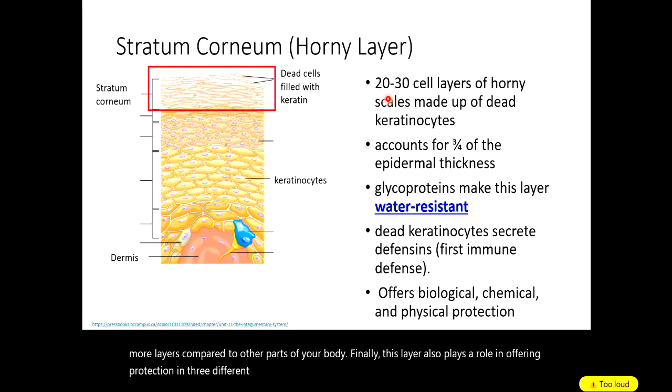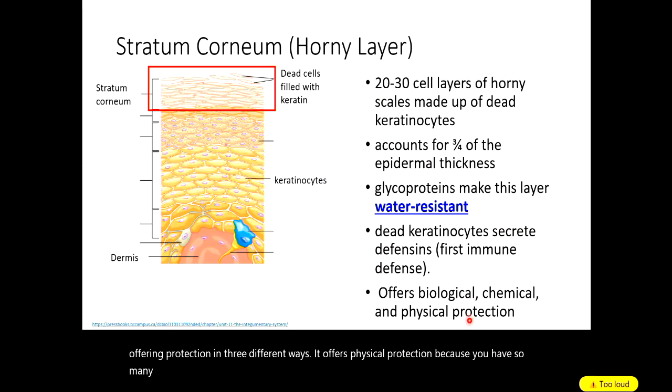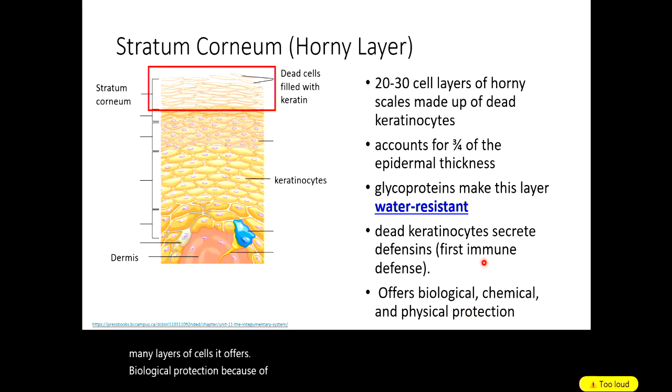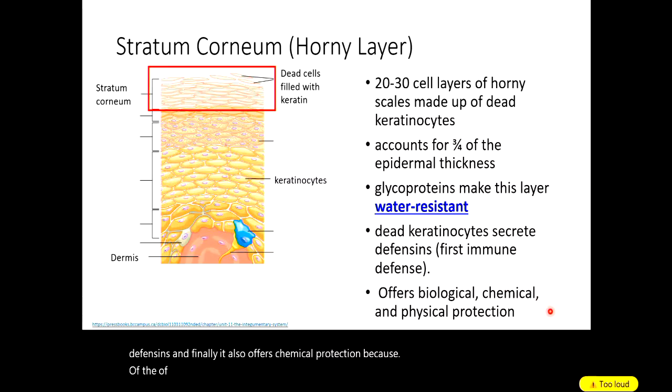Finally, this layer also plays a role in offering protection in 3 different ways. It offers physical protection because you have so many layers of cells. It offers biological protection because of these antimicrobial compounds which are released like defensins. And finally, it also offers chemical protection because of the melanin pigments which can absorb the UVB rays and prevent damage happening to the DNA in the underlying layers of the cells.